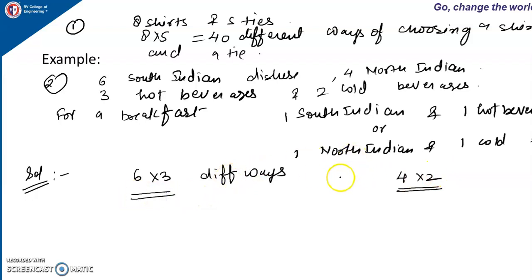Either this way or that way, so we apply plus, because or means plus. So 18 plus 8, there will be a total of 26 ways a student can buy his breakfast items. Hope the concept of the product rule is clear. Thank you.